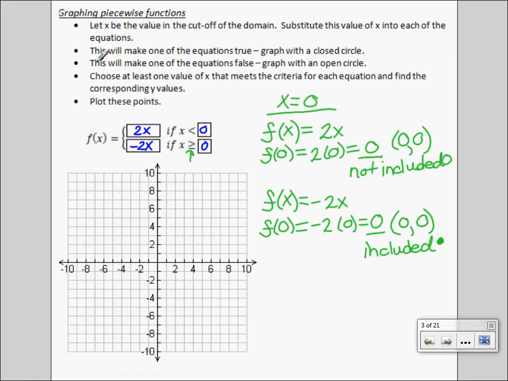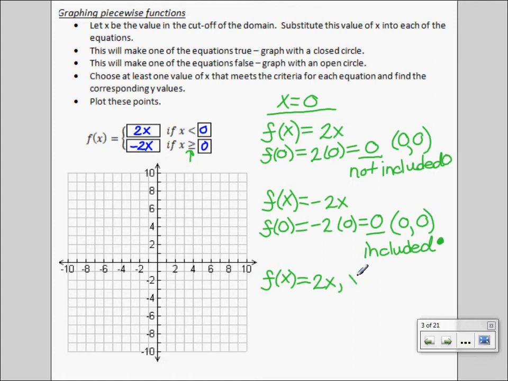So now we have to choose at least one x value that meets the criteria for each equation and find the corresponding y values. So for the f of x, f of x is 2x. This first part, we had to find something that is less than 0. So what I would choose, I would probably go with a negative 2.